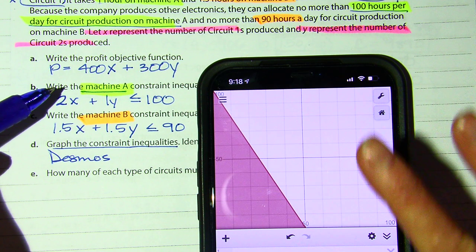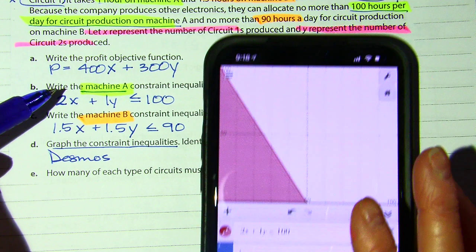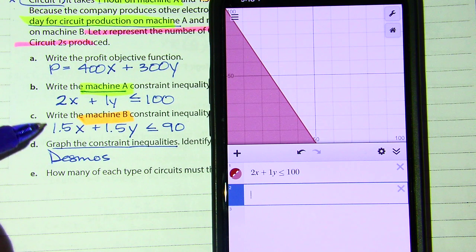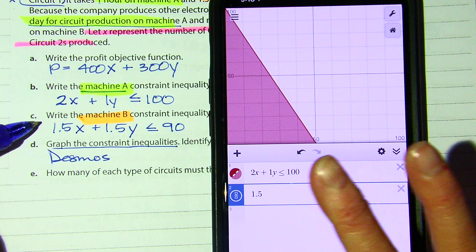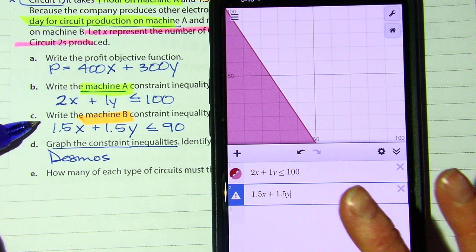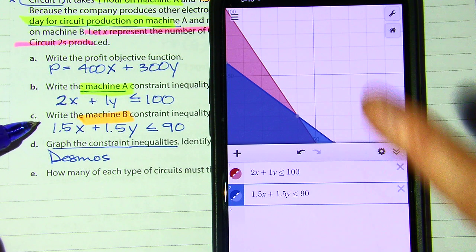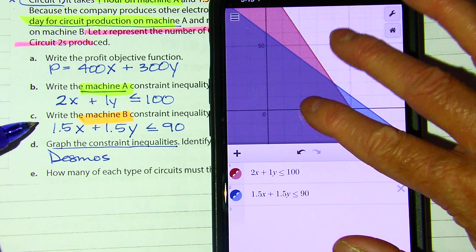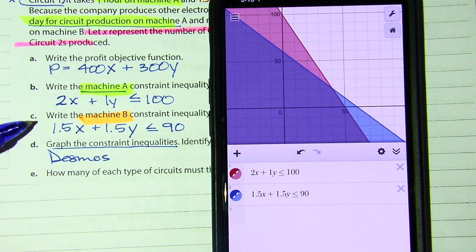Okay, so now I'm going to enter my next constraint, which is 1.5x plus 1.5y has to be less than or equal to 90. Then I'm going to zoom out. Okay, and you can see our graph. So I'm going to start with the first one.